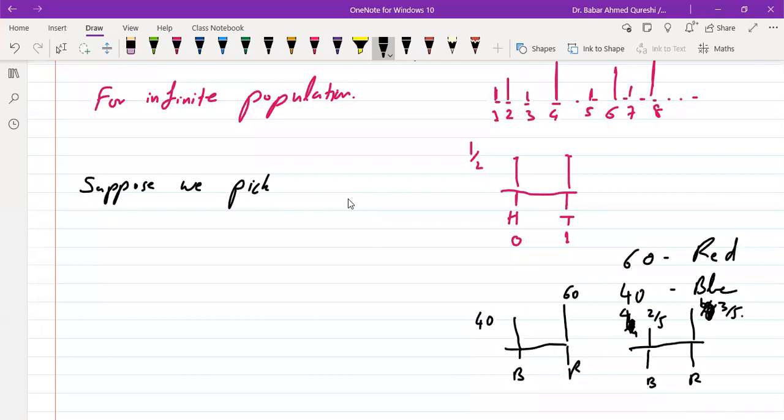But the idea is that you do not always have to actually count the frequency of the things in the population to assign them a distribution. You can do that, like in the first example, or in this example of pens, you have 100, and you can count how many are red and how many are blue.